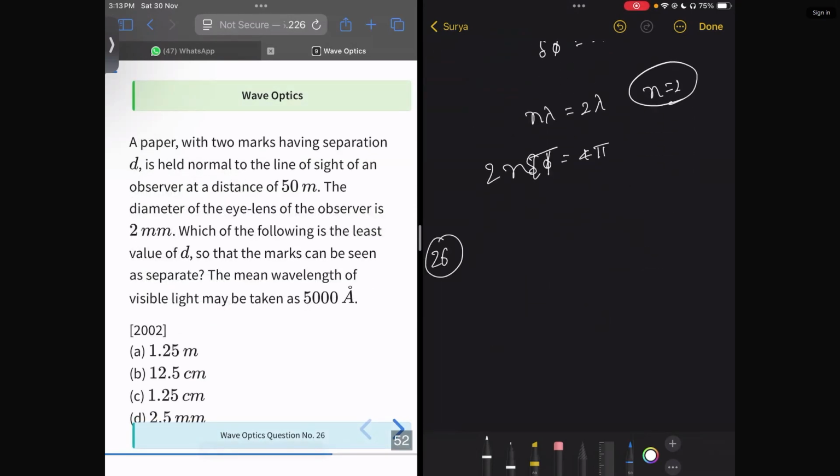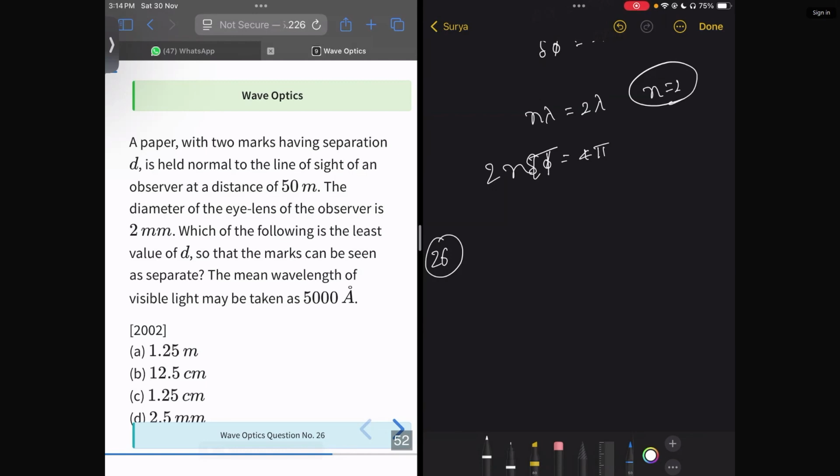Two marks with separation d are held normal to the line of sight of an observer at a distance D equal to 50 meter. The diameter of the eye lens is 2 mm. What is the least value of small d so that the marks can be seen as separate?